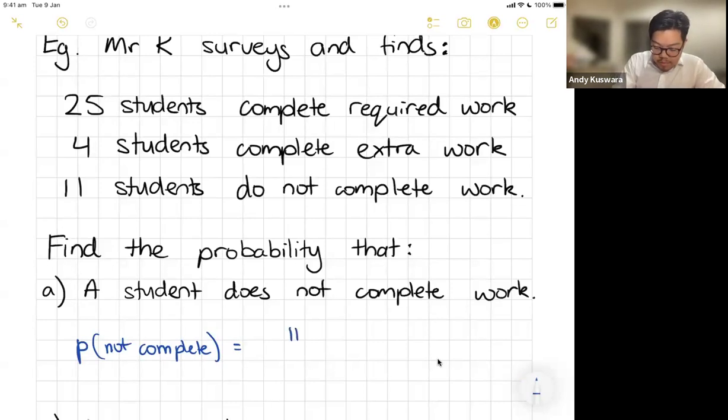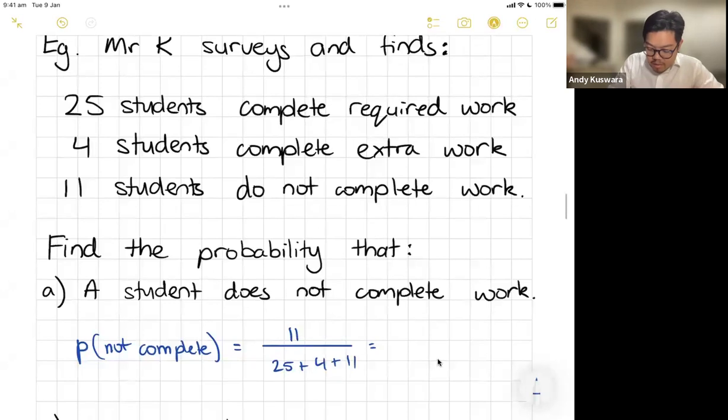There's 11, so that is the number of favorable students, the things that we're looking for. Now it's over the number of total students. How many students are there altogether? I have to add them all up: 25 plus 4 plus 11. So here it's going to be 11 out of 40. That means 11 out of 40 students do not complete the work.